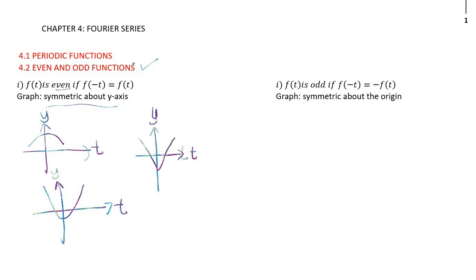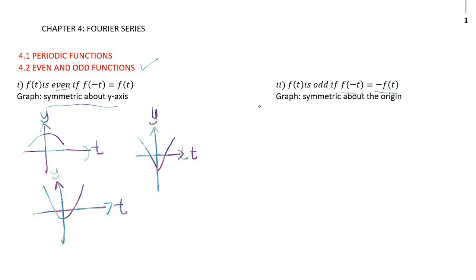These three are examples of symmetry about the y-axis, and there can be many other graphs. The second one is the odd function, where the function is odd if we put negative t and it equals negative f(t).